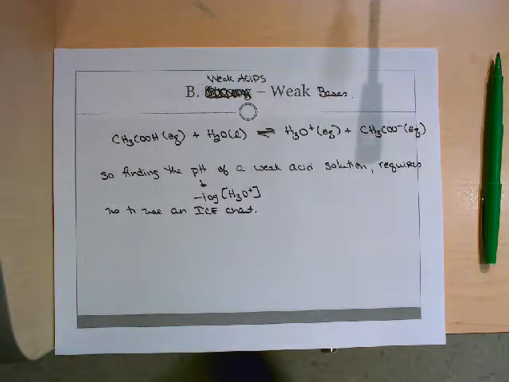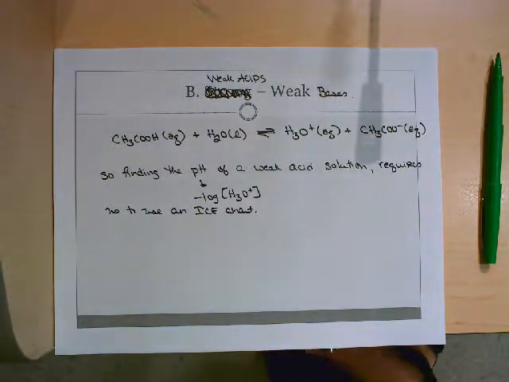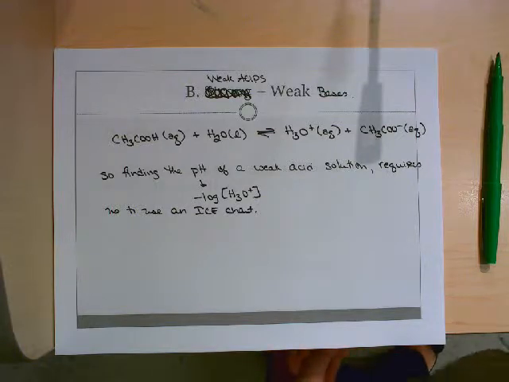We have to use an ice chart. Before, we didn't have the same kind of equilibrium. It was K greater than 1, only going one direction. Now I have a K less than 1, which means I need to use an ice chart in order to figure out these equilibrium concentrations of everything.